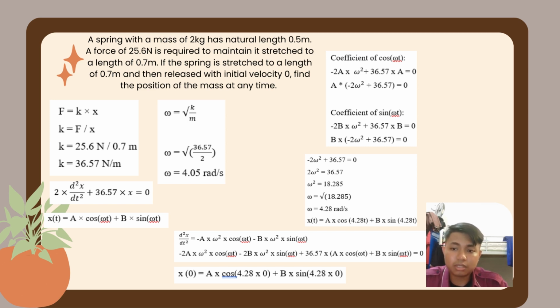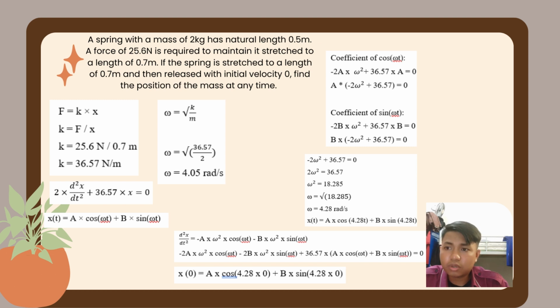It will become negative 2a times omega squared times cos omega t minus 2b times omega squared times sin omega t plus 36.57 times a times cos omega t plus b times sin omega t equal to 0.